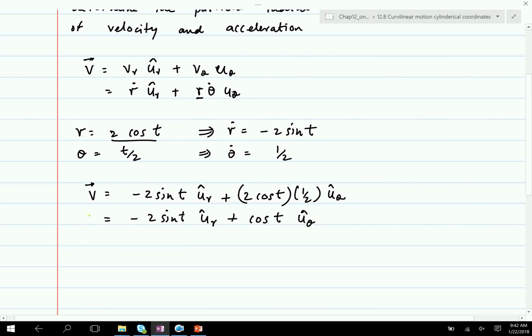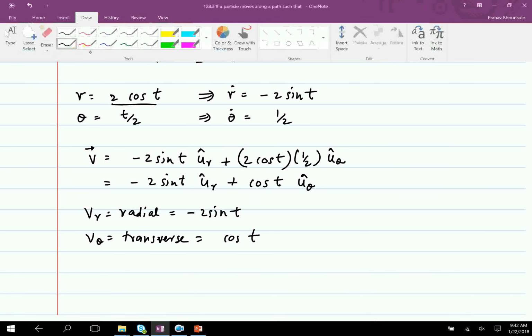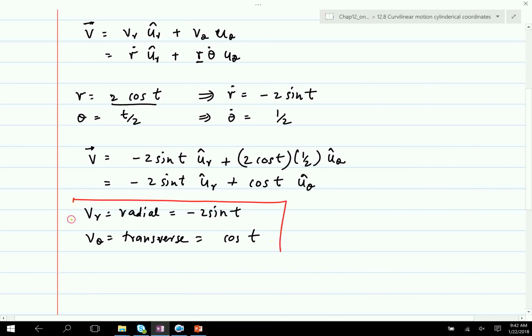Okay, so in other words, Vr, the radial component, is minus 2 sine of t, and V theta, the transverse component of the velocity, is cosine of t. Okay, we still have to find the acceleration.